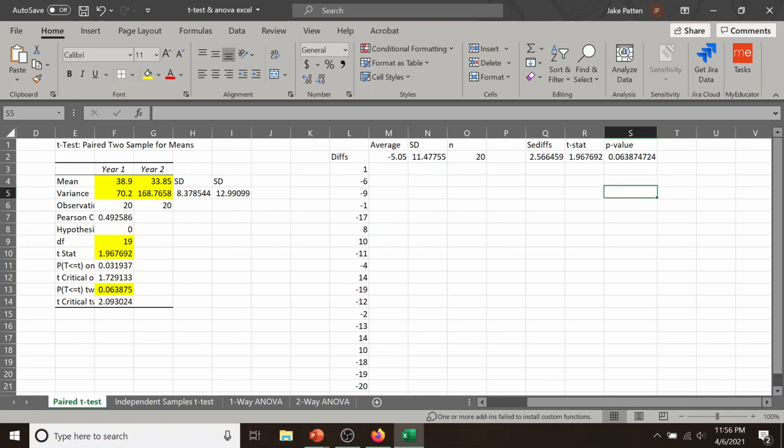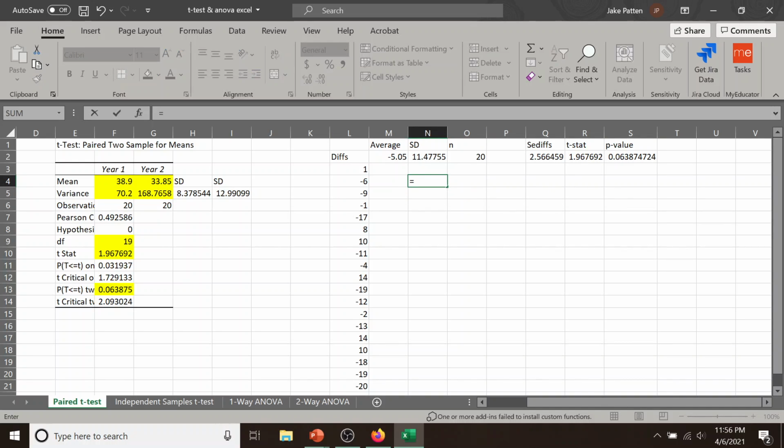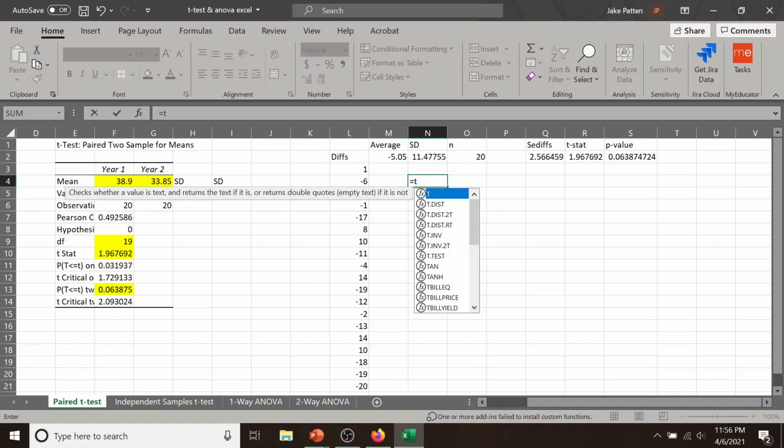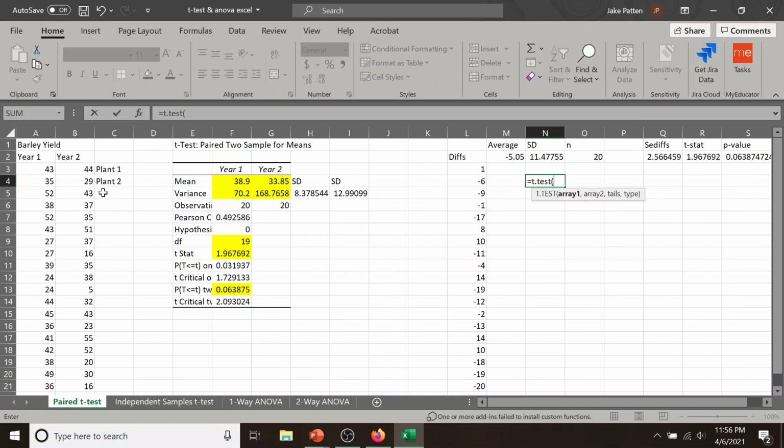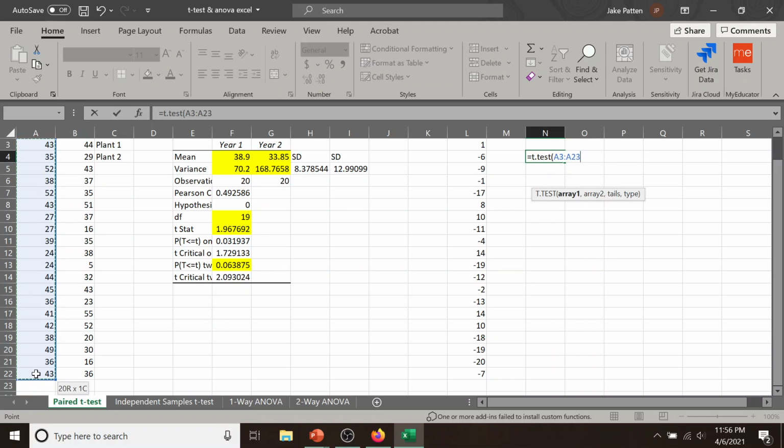Now, if you followed along this far, I should also tell you that there's a really easy way to do this. You can just type in t.test and go from here. The first thing you're going to do is select your data. Once array 1, don't grab the labels this time.